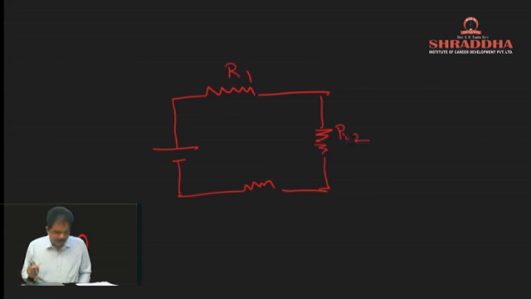Let this resistance be R2. Let this resistance be R3. Let this battery EMF be E. Then this is a closed loop. Let us assume this is A, this is B, this is C, this is D. Then let us assume the current flowing through the circuit is I.